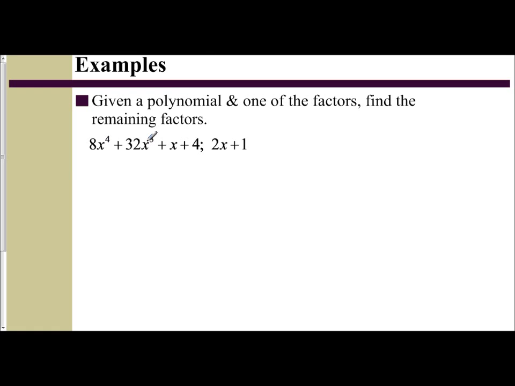8x to the 4th plus 32x cubed plus x. Right away, I notice I am missing a 0 x squared term. So I'm going to have to insert that when doing the synthetic division. But before I do synthetic division, I'm doing it with the binomial 2x plus 1.